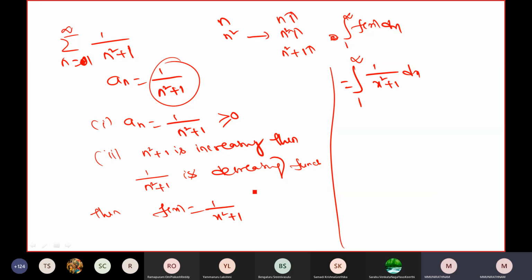What is the integral of 1 by x square plus 1? Anyone?